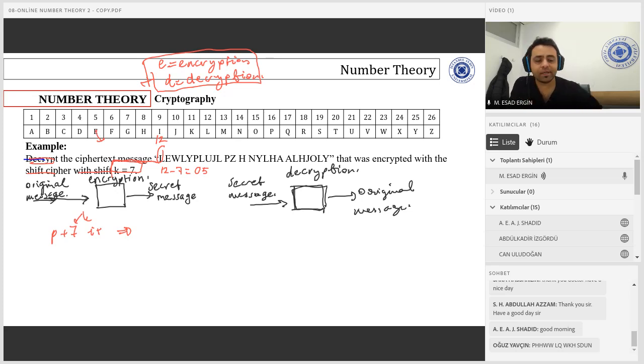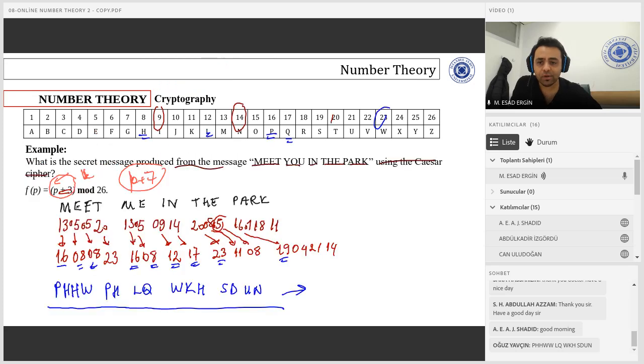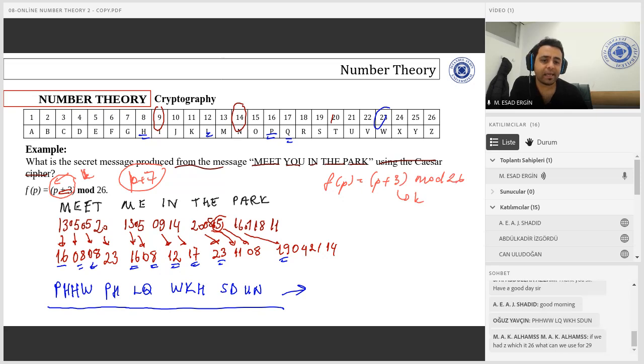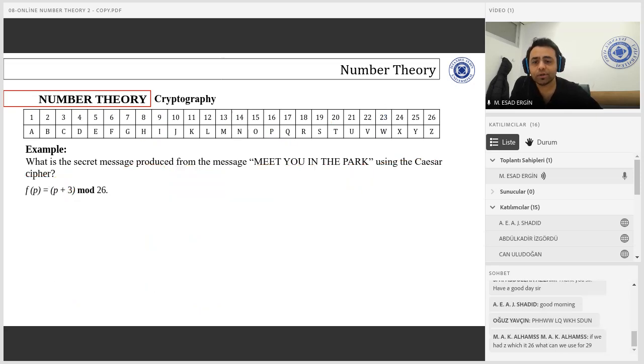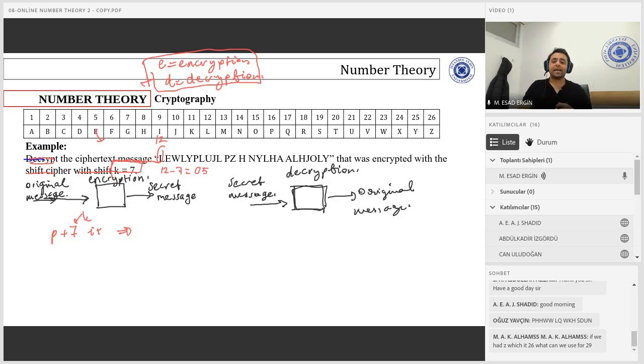K means, in our previous slide, the function f(P) equals P plus 3 mod 26, and this 3 is the K. So if K equals 7, in order to decrypt the encrypted text, we have to use minus 7. Did you understand?